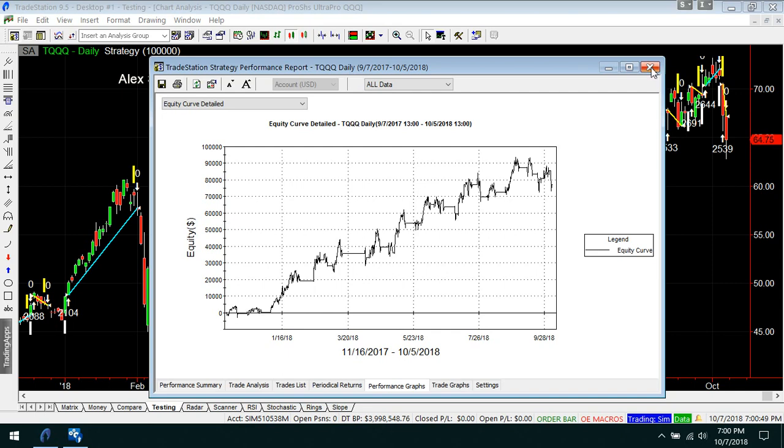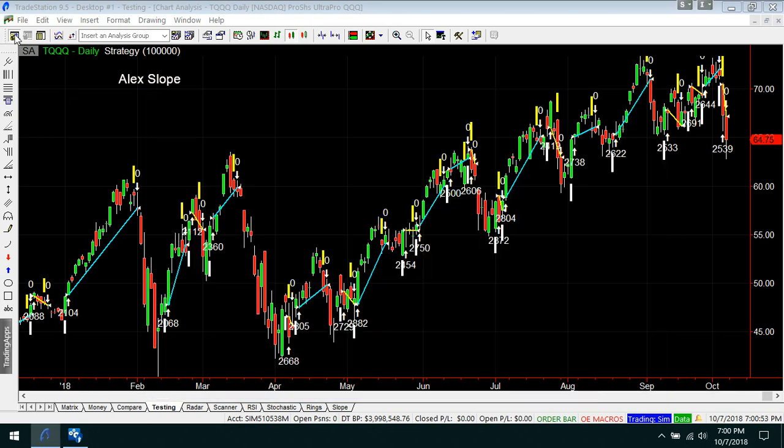That's how it works. It does work on other entities, other stocks as well. So SPXL, for example, the triple SPY, waiting for the data here.